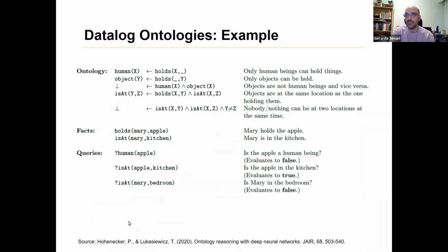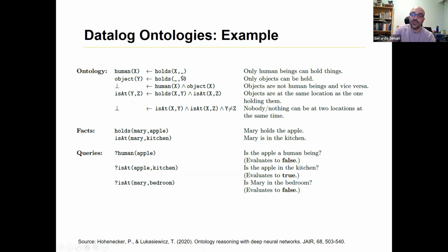Here's another kind of example, but in this case in the Datalog language. So very similar to what I was saying before, adding the constraints that I didn't have, where we have things like, if X is holding something, then X is human, or as it says here, only humans can hold things. And only objects can be held.